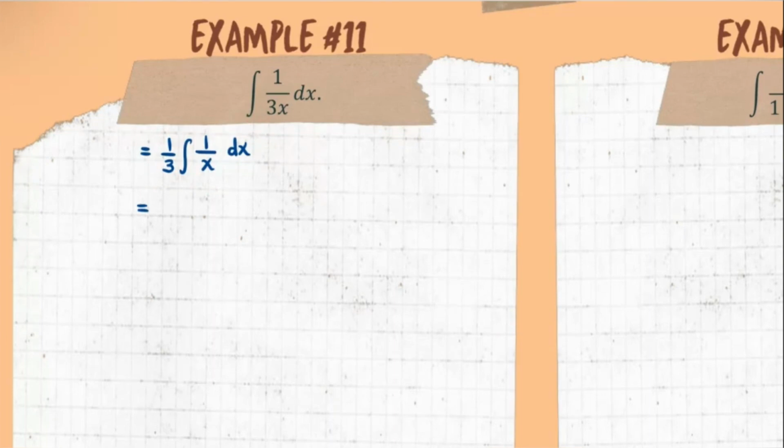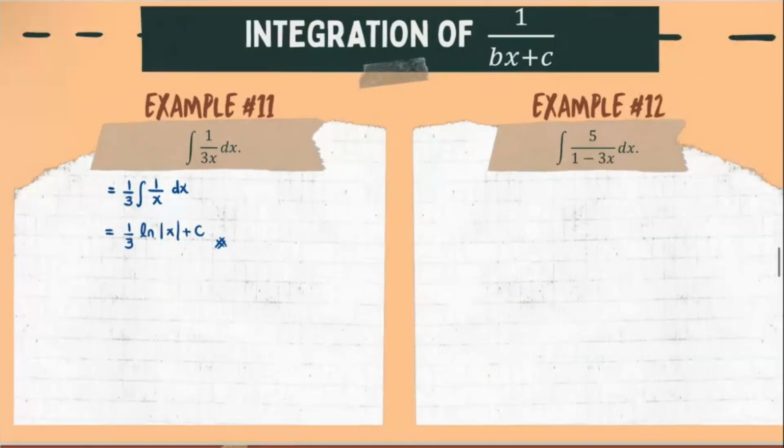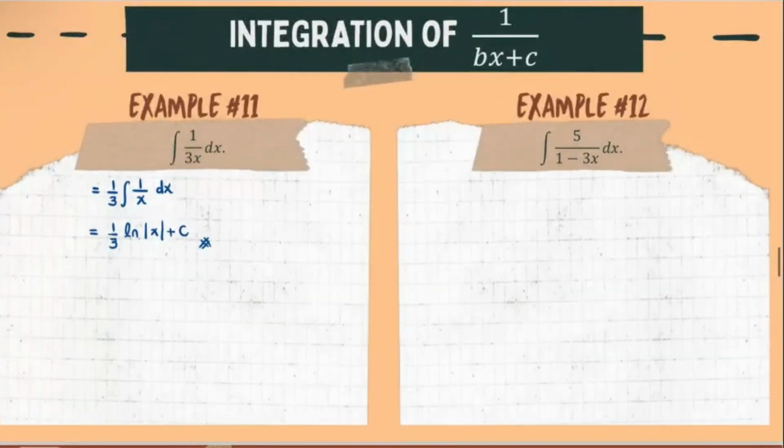So saya pecahkan constant dia. So integrate 1 over x dx, kita dapat apa tadi? Rule number 1 untuk this function adalah 1 over 3 ln of modulus x plus c. Settle. Okay, so ini untuk example 11 dan example 12.